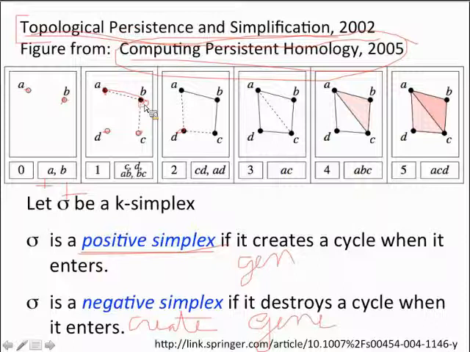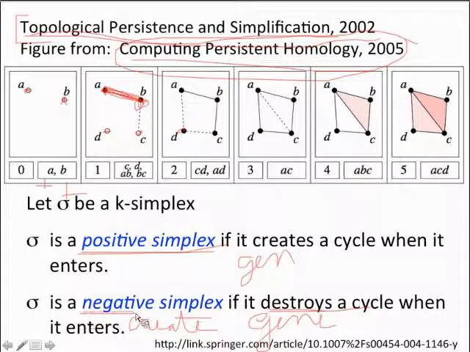So we can think about this as destroying a cycle. This edge changed that: we used to have two cycles, but if we mod out by the boundary, we can destroy one of those cycles. And so it is a negative simplex because it's a destroyer. It destroyed one of our generators. We had two generators, A and B, but we added this relator, which destroyed it.